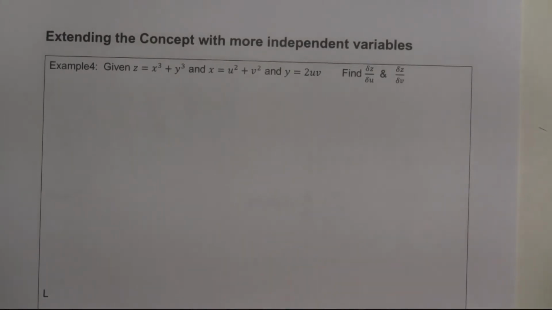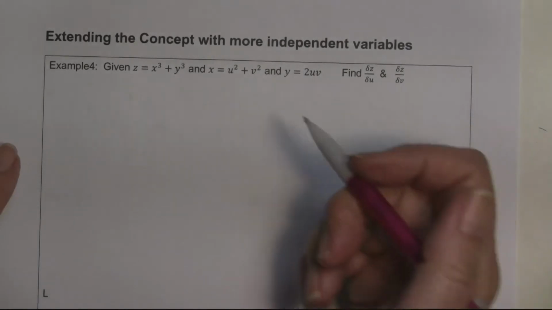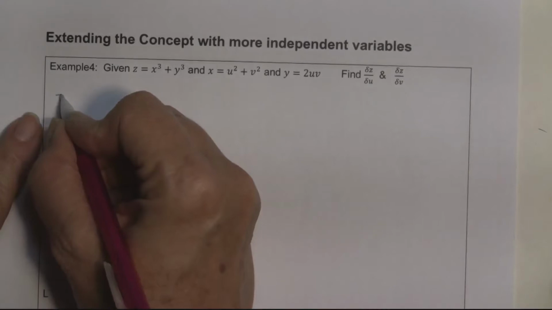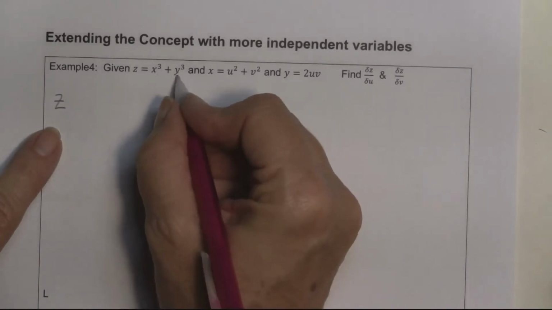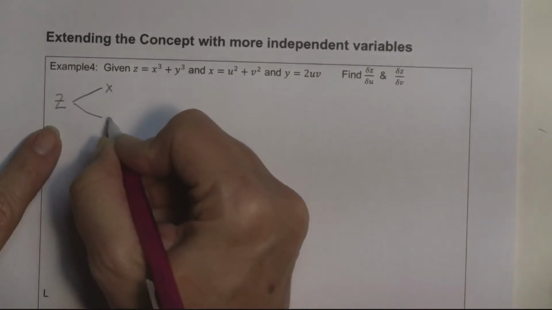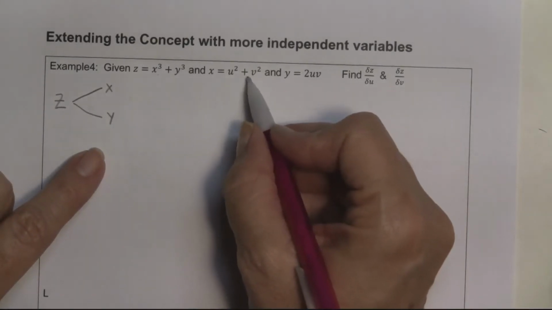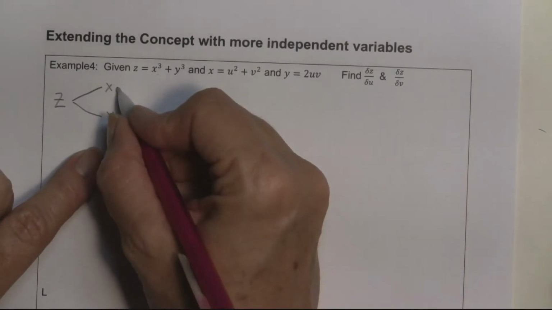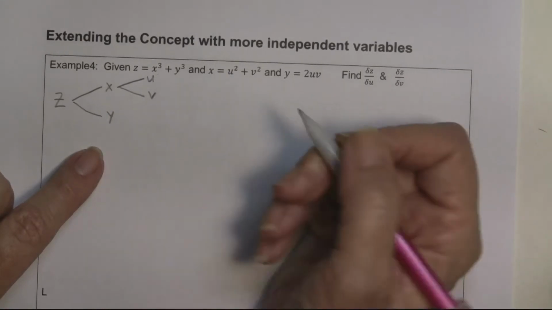But this one here, extending the concept to have more independent variables. So our dependent variable is z, so I'm going to write that here. Our intermediate variables are x and y, so just 2 intermediate variables, but some of them have 3 in your book. And then x has 2 independent variables that build it. So there's u and there's v.